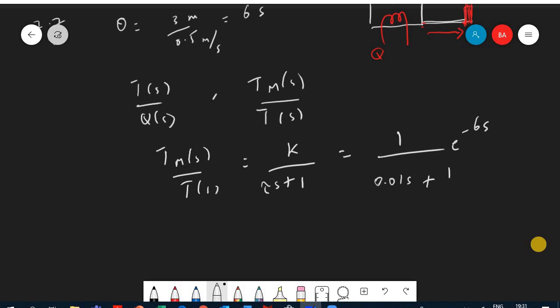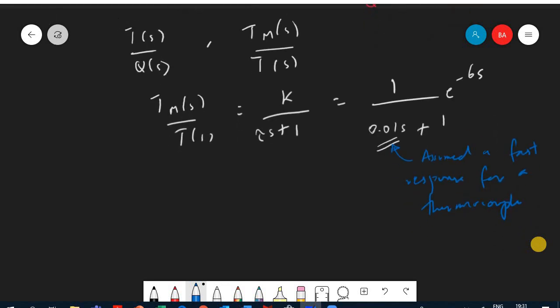Based on my knowledge of what a thermocouple is, I assumed a fast response, and we are going to see what will happen because of this assumption. That's a good assumption, by the way, and that will help me a lot.